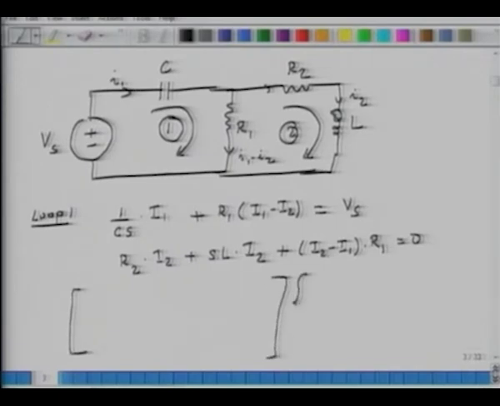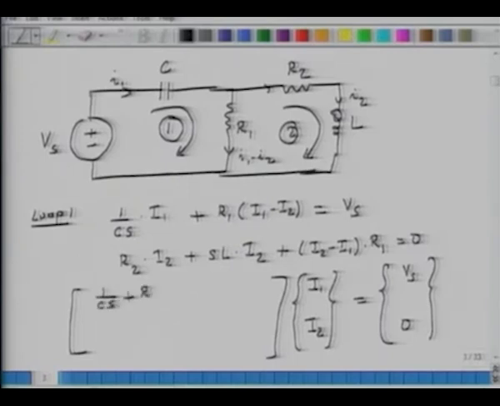My unknown variables I1 and I2 go into a vector. On the other side of the equation I have my known variables Vs and 0, and here I have 1 over Cs plus R1, minus R1, and then R1 plus R2 plus S times L.